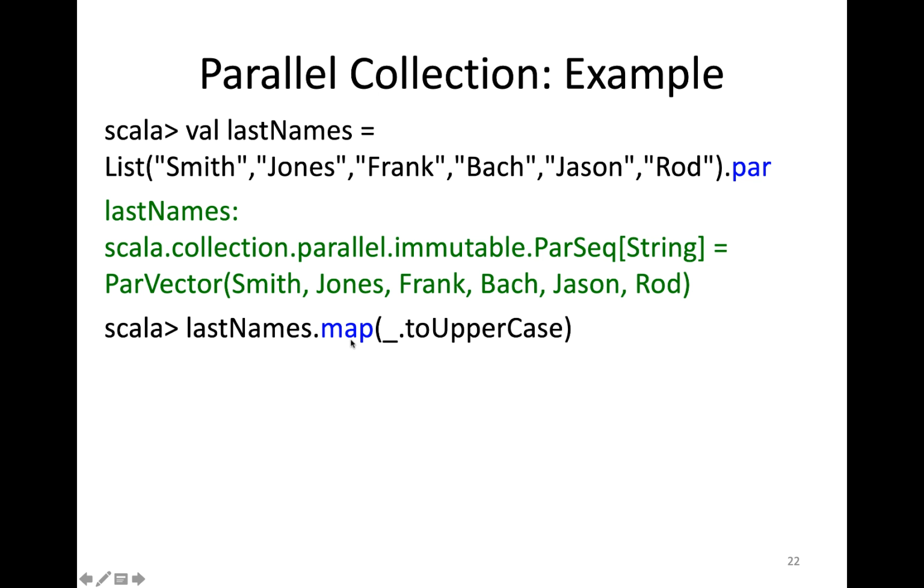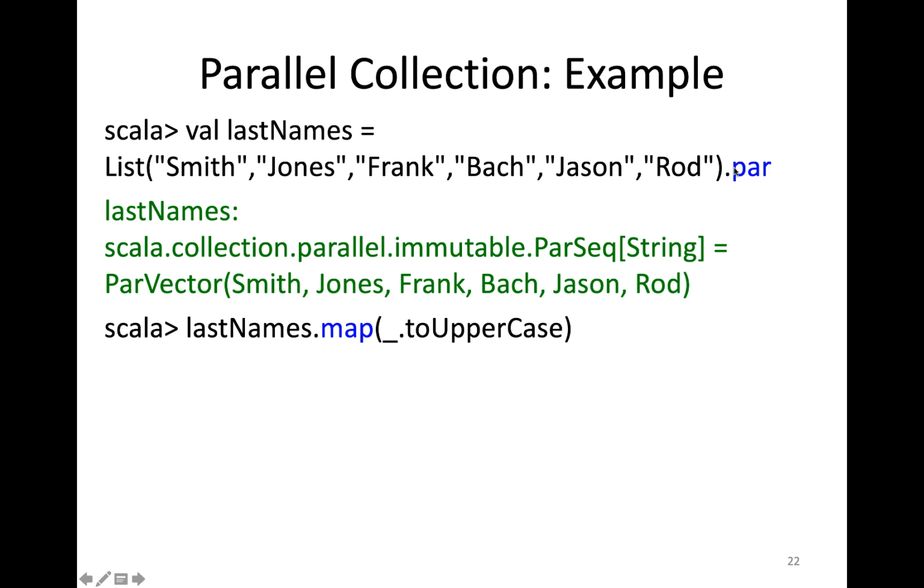As an example of parallel computation, say we want to convert each of these strings to uppercase. These are not fully uppercase, right? We want to convert them to full uppercase letters. That's an example computation, and we can make this happen in parallel on each of these strings.